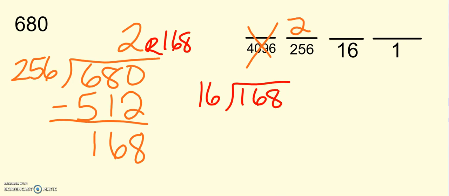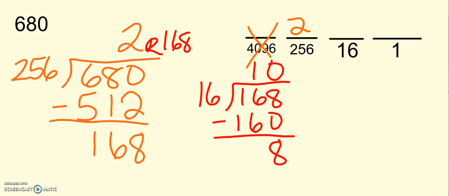So 168 divided by 16 is going to give me 10. 10 times 16 is 160, which means that my remainder here is 8. Remember, we don't actually put a 10 here. What do we put? We actually put A.